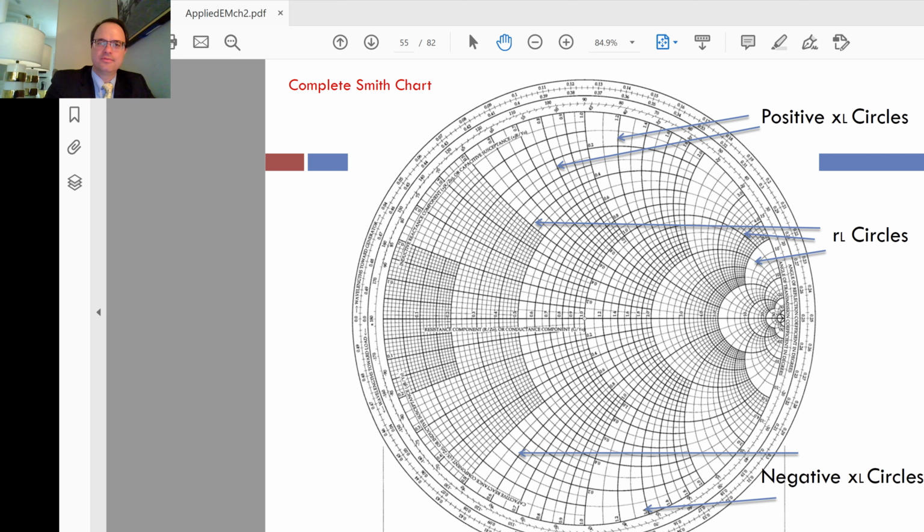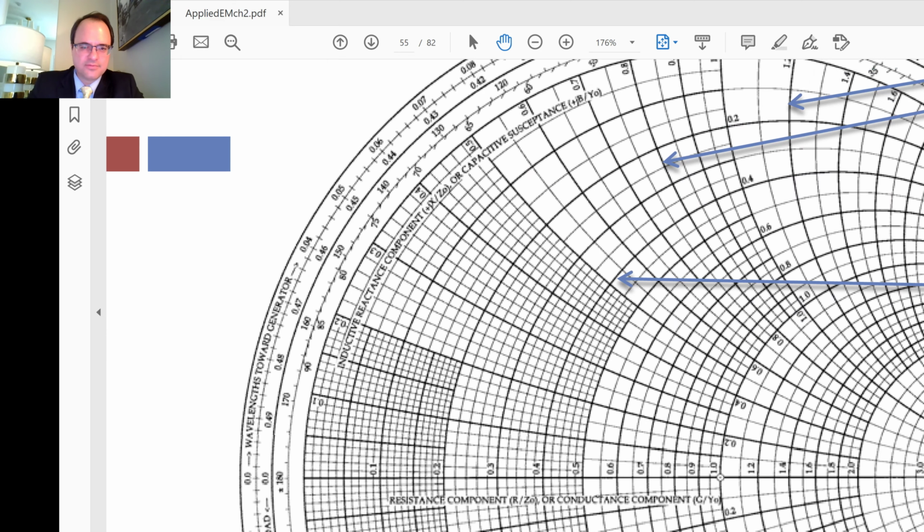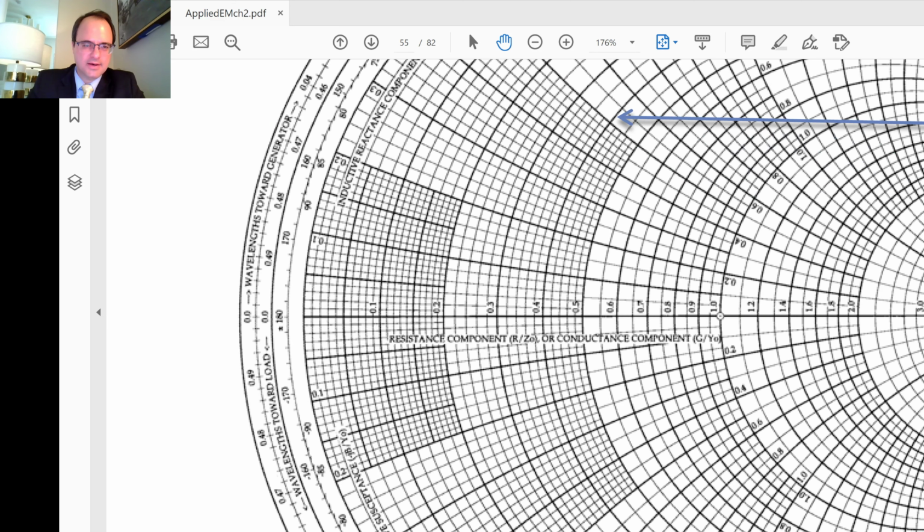We have positive values for XL on the upper plane and negative values for XL on the lower plane. If we were to zoom in, you can see these different values for R sub L and X sub L.